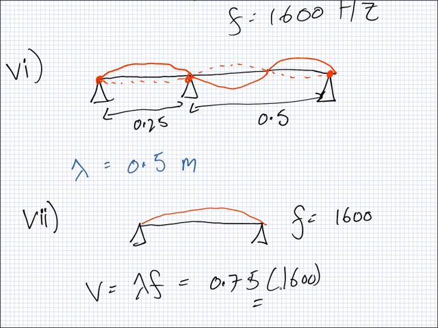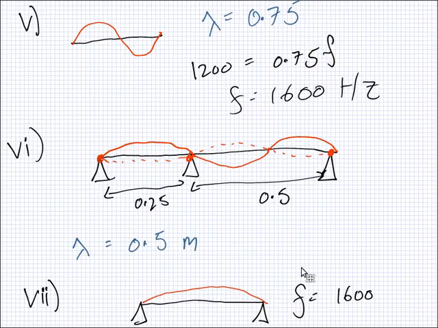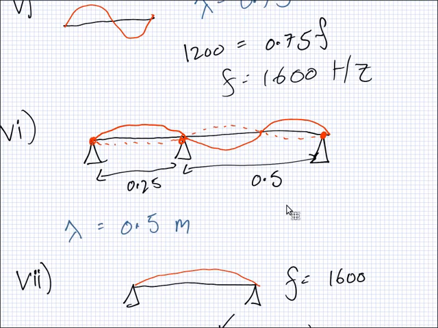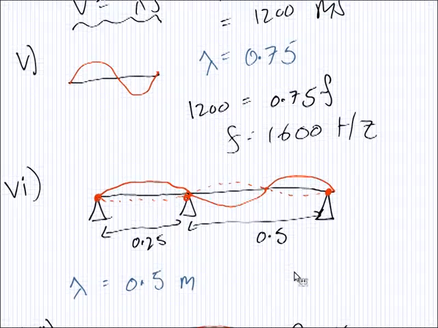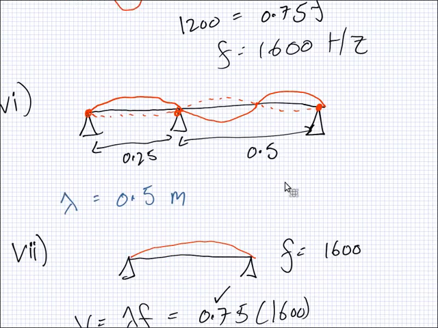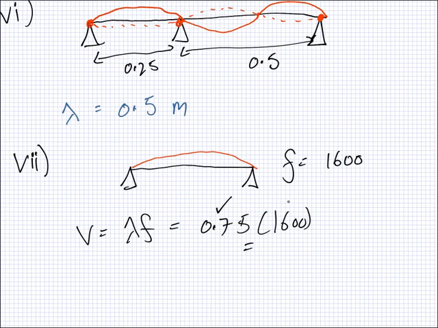Read the info to me, Matt, please. A different string of length 0.75 meters with no third bridge produces a fundamental frequency at the same frequency as that calculated in part 5. So that's 1,600. Wavelength is 1.5. I wrote the wrong number here.